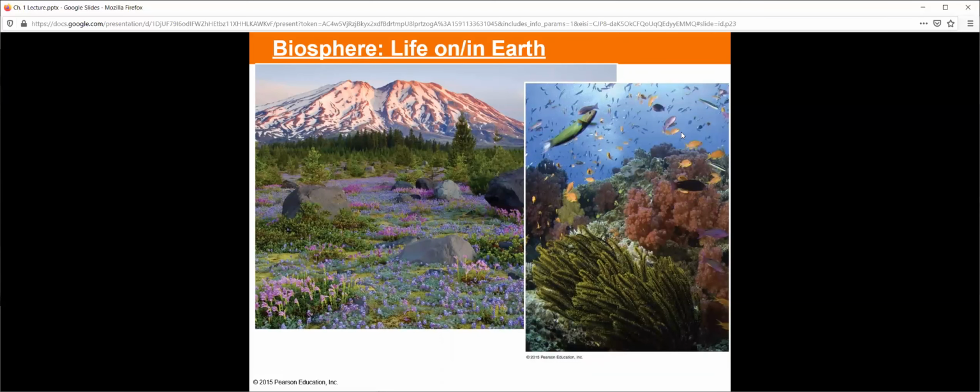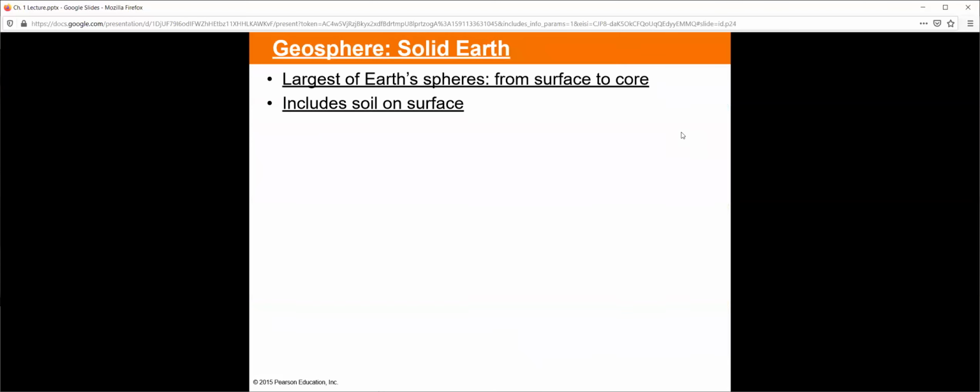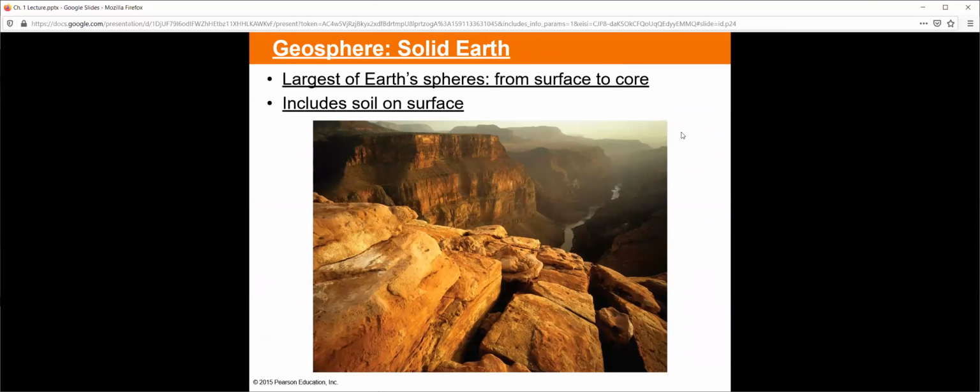The biosphere, this is the stuff that lives. If it lives, it's in the biosphere. Doesn't matter where it lives, it's in the biosphere. Here we have fish, plants, sea creatures, humans. I'm part of the biosphere. You're part of the biosphere. Congratulations. That's the biosphere. And lastly, certainly not least, the geosphere, the solid Earth, the largest of the Earth's spheres.